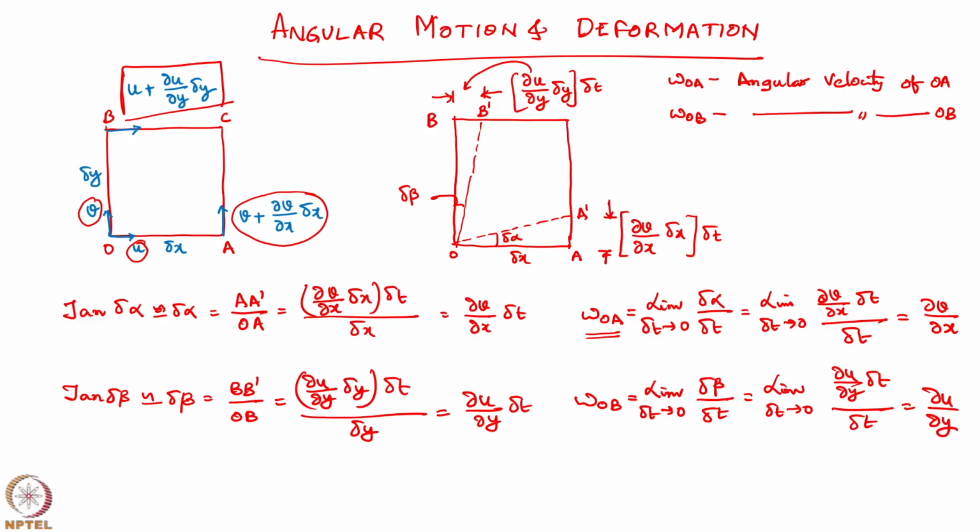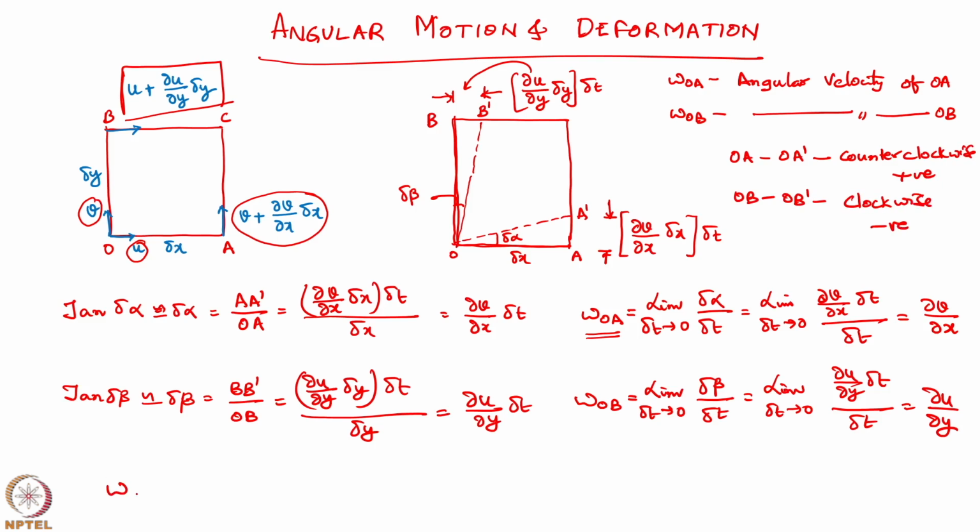Now, this is the OA and this is OB. This net rotation will cause the rotation in the z direction, that is perpendicular to this plane. So, we can call this the net rotation. Omega OA, that is OA to OA prime, is in the counterclockwise direction. This can be considered as positive, and OB to OB prime is in the clockwise direction, so I can consider that as negative.